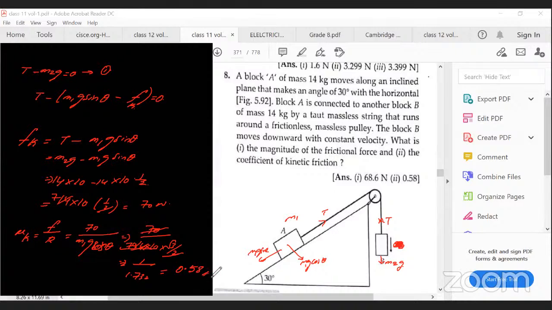This is your answer, so please take it. Memorize all those condition relations, it is a very important topic.